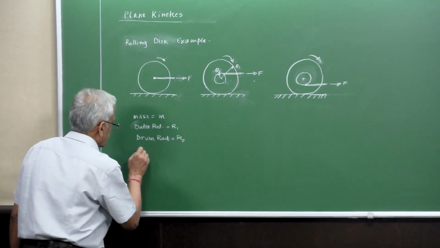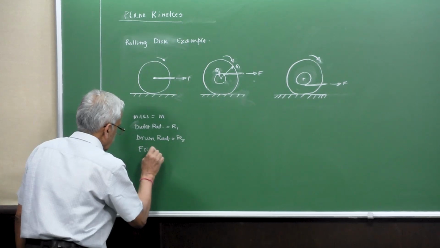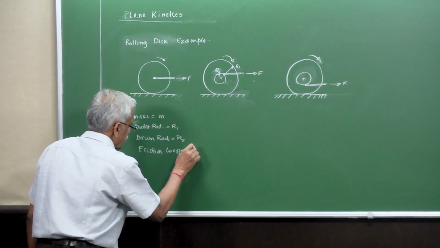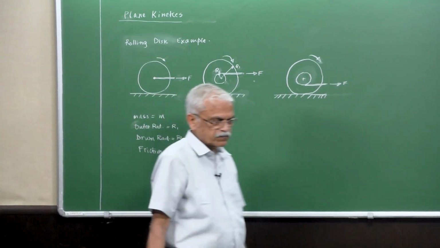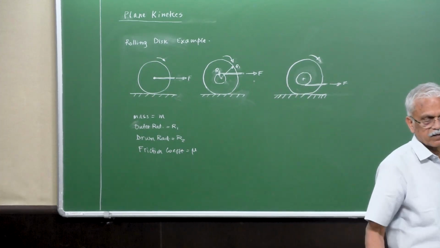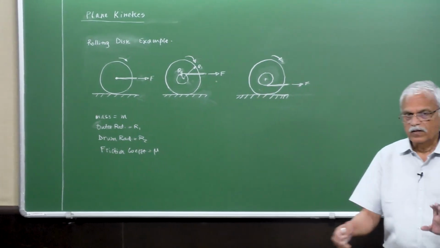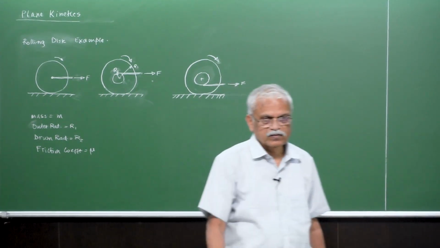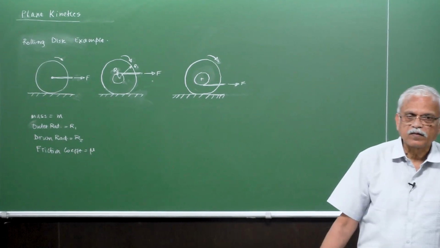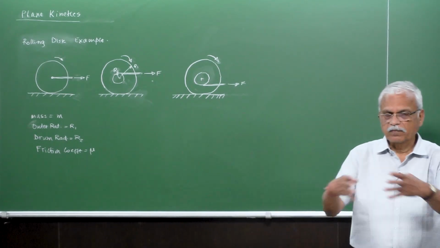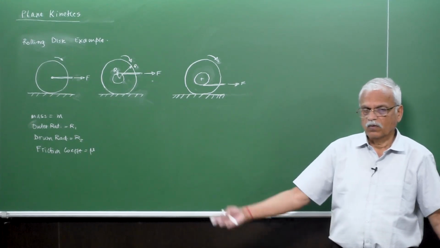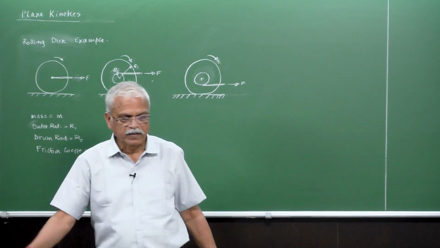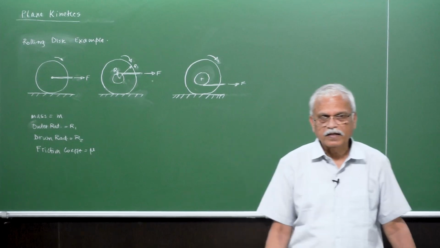There is also a friction coefficient mu. There are two types of friction, the static friction and kinematic friction. As long as there is no relative motion at the point of contact, we put the static friction. But the moment relative motion takes place, that means sliding is taking place, so you have to apply kinematic friction. The kinematic friction is slightly smaller, but anyway, for this sake let's not really differentiate.